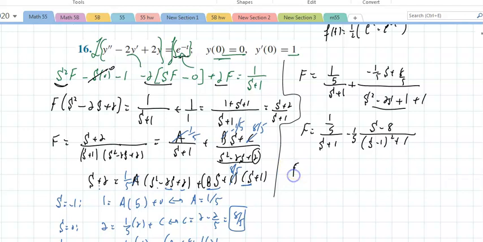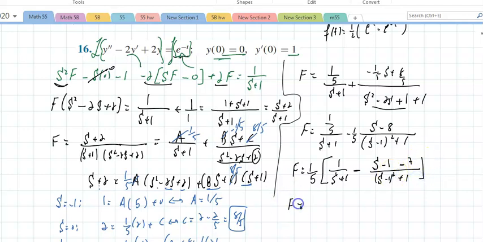And let me see how this works. I could say F equal 1/5 into 1 over s plus 1 minus s. I need that to be a minus 1. So wouldn't that be minus 1 minus 7 over s minus 1 squared plus 1?